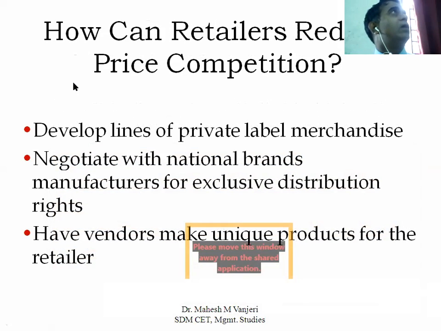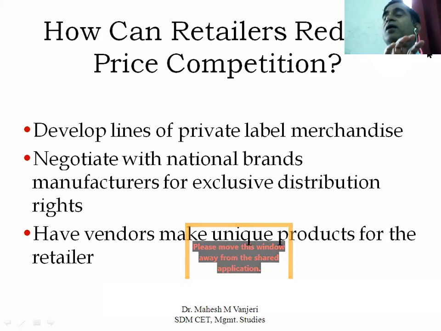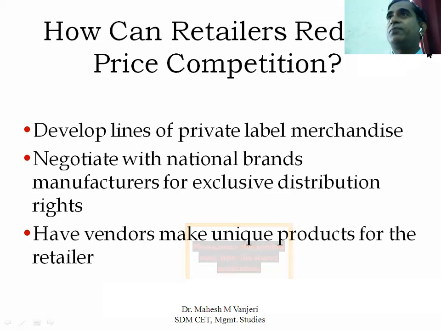Then, how can retailers reduce price competition? Basically, in a bid to attract customers, retailers go on reducing the price and that affects their total profits. So there is a small subtopic here, how retailers can reduce price competition.